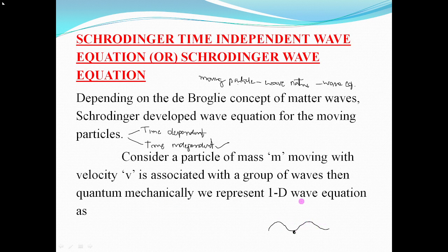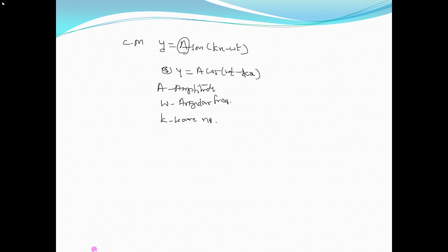Now, how to represent the one-dimensional wave equation in quantum mechanics? One-dimensional means I can take either the x-axis, y-axis, or z-axis, that is, the x component, y component, or z component.